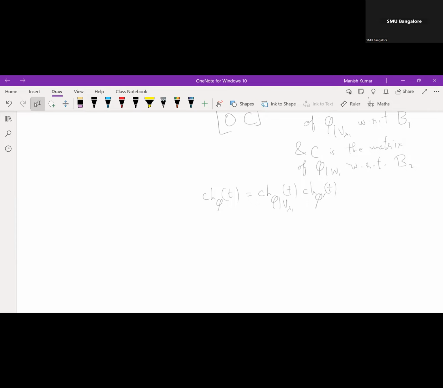So W1 is a complementary subspace, so it doesn't contain any lambda 1 eigenvector. That tells you that phi restricted to W1 doesn't have lambda 1 as an eigenvalue. So note phi prime doesn't have lambda 1 as an eigenvalue.